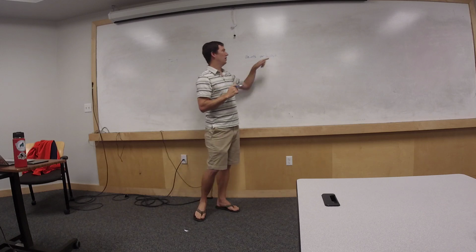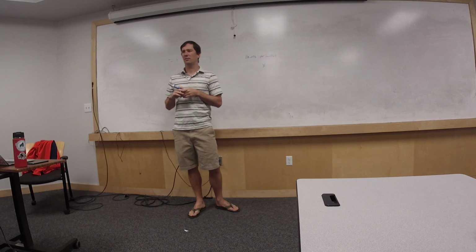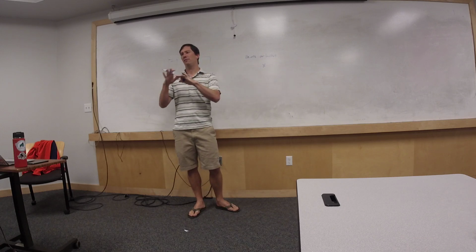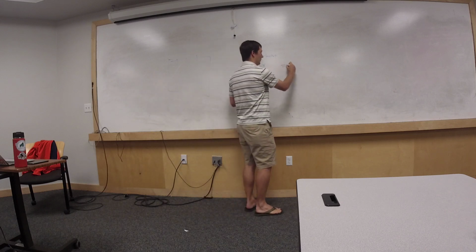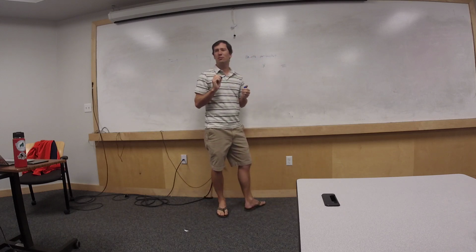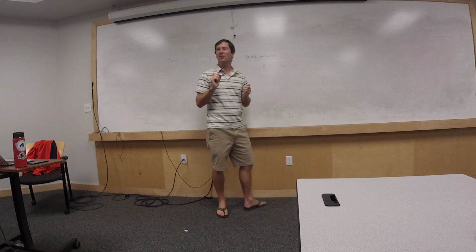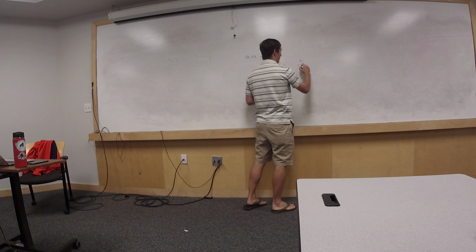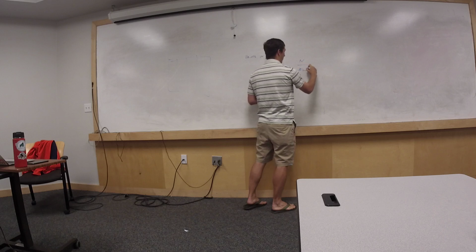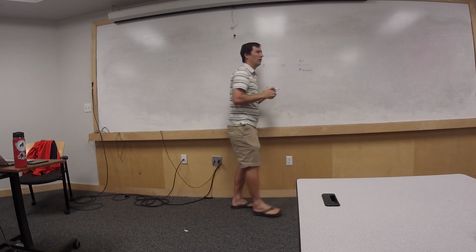How do we compute the number of points per bucket, assuming things are evenly distributed throughout? Yeah, the number of points divided by the number of buckets. Okay.